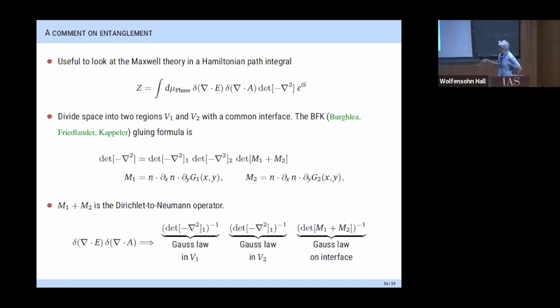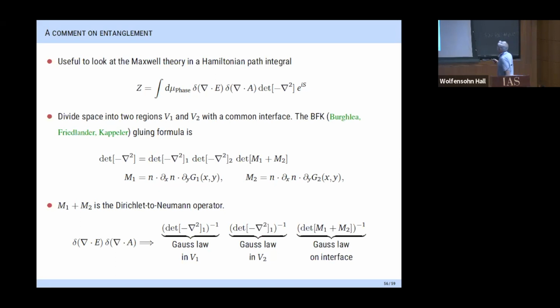If you think of it as a kernel or as an operator, it's known as the Dirichlet-Neumann operator. The theorem says basically that if I take the product of these three things, namely determinants in the subregions and an extra determinant of the Dirichlet-Neumann operator on the interface, that's going to give me the total determinant. So this is the gluing formula.